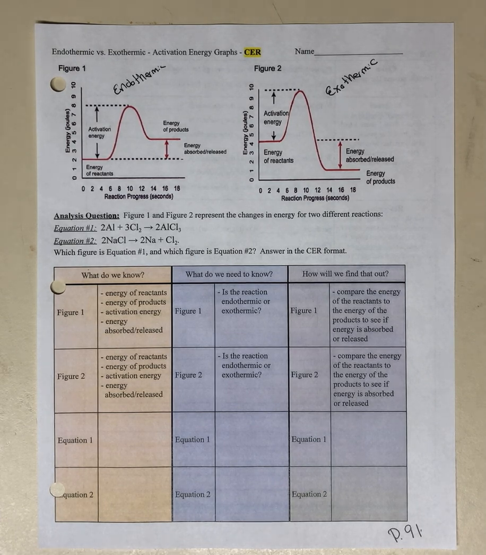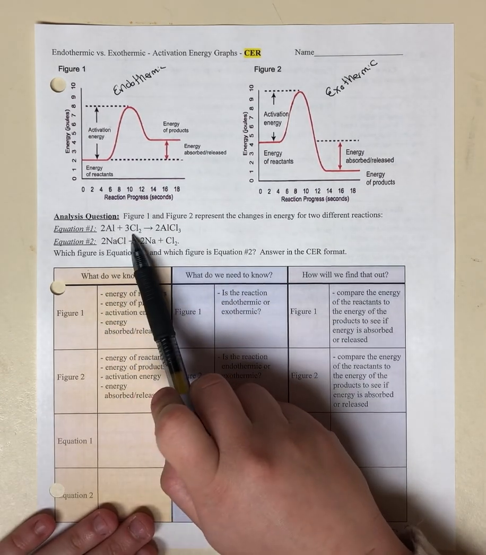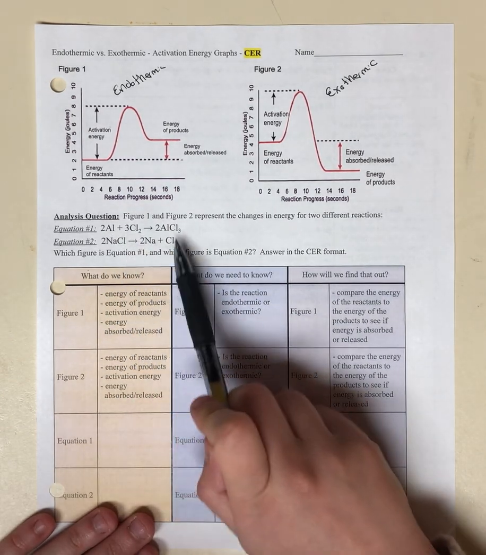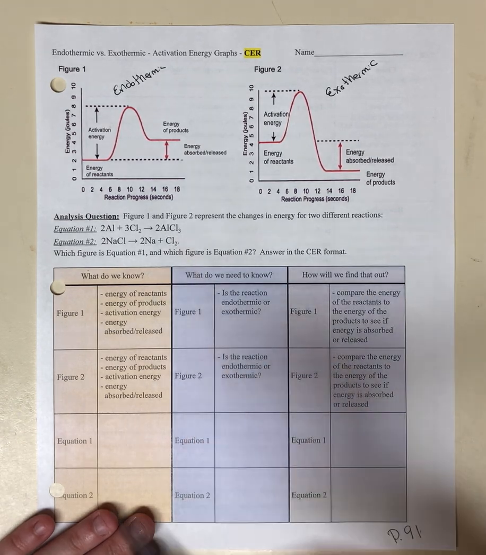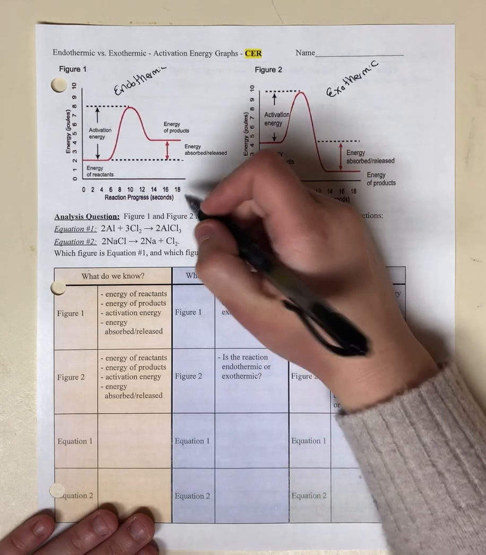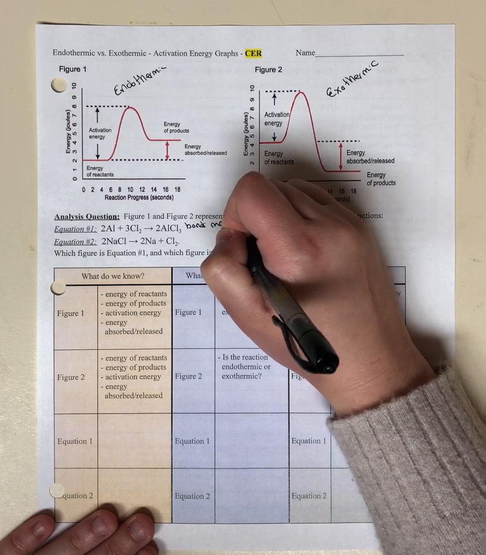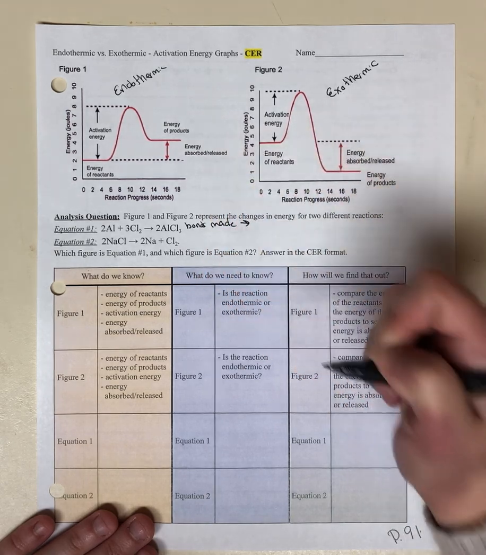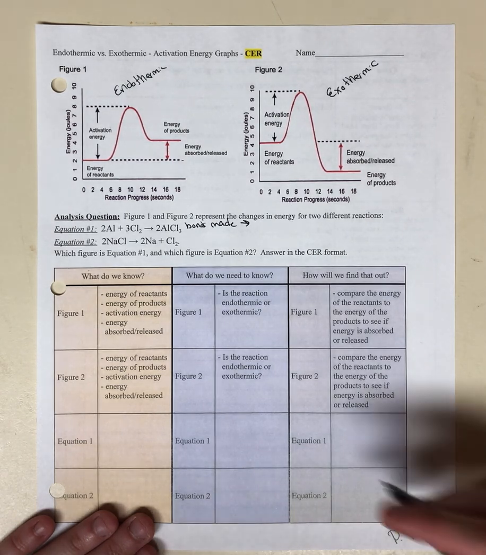So in equation 1, we have aluminum and chlorine, and then at the end we get aluminum chloride. So are we making bonds or breaking bonds here? I see that bonds are made. And if bonds are made, it's giving off energy, so it's exothermic.